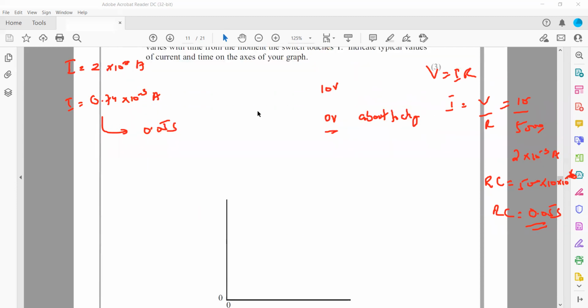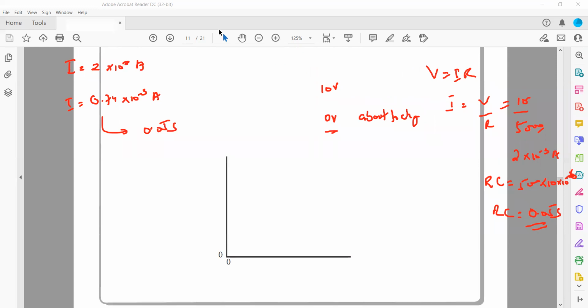RC means when it will discharge to 37%. So we have to label the axis. The maximum value of the current will be 2, this is 1 here, between 2 and 1 there is 1.5, and between 1 and 0 there is 0.5. Here we have current, and the unit is milliampere. On the time axis we have 0.01, 0.02, 0.03, 0.04, 0.05, 0.06, 0.07, and so on.